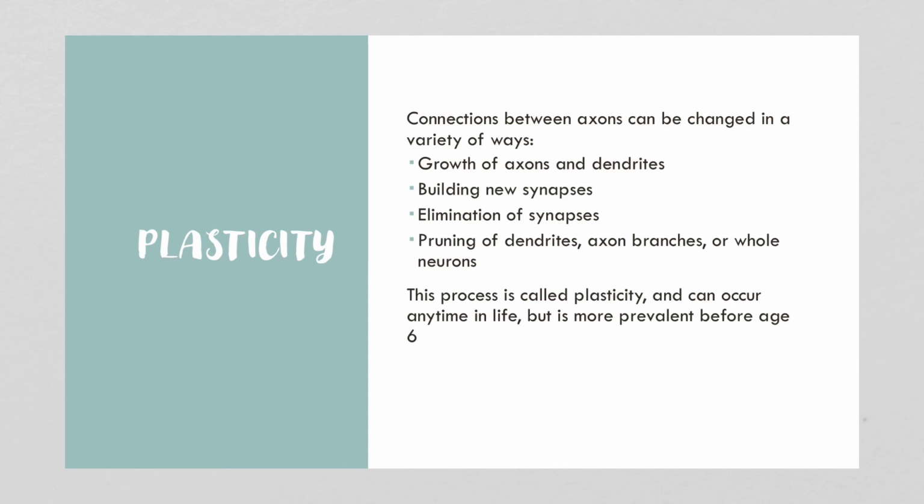So young children below the age of 6, if they have an entire hemisphere of their brain, which would be completely devastating to most people, if they have it done early in their life, they actually can regain some of their functions that the other side of the brain that's been removed used to perform, because their brains are so plastic. So they'll make new neural connections. So that's plasticity.